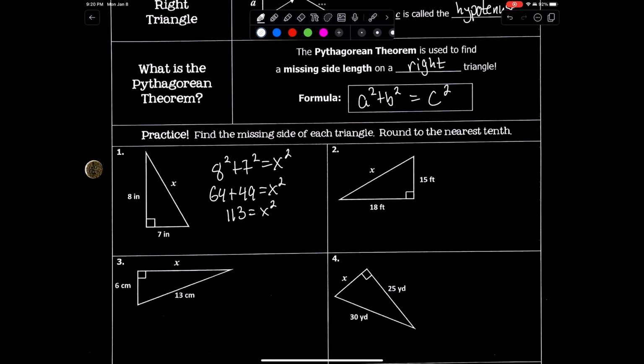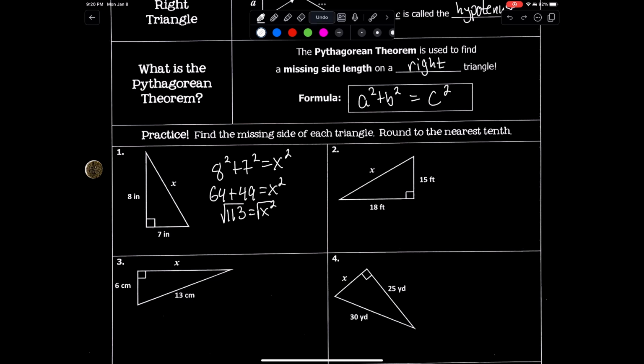Okay, now what? If you're trying to solve a square, you take the square root. Technically, when you take the square root, you have to add a plus or minus, because if you have a negative number and you square it, that would work too, because a negative squared gets you a positive number. But x is an actual physical side length. It exists in this triangle, so we don't want to use the negative value.